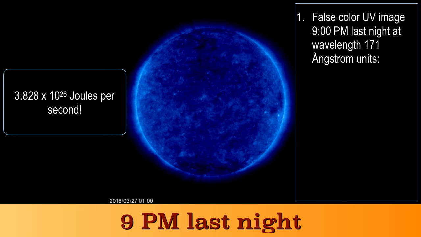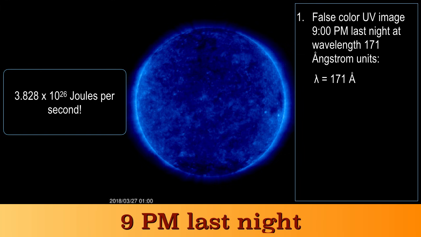They take these ultraviolet images every day. Right now, the Sun looks pretty quiet, don't you think? It's not too bodacious. Sometimes it's all blazed up with sunspots and stuff, which show up nicely. So this is about 9 o'clock last night.